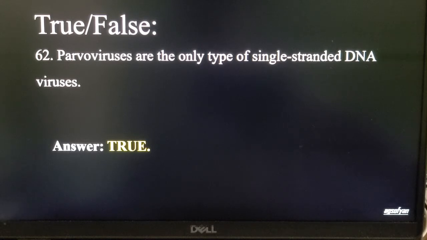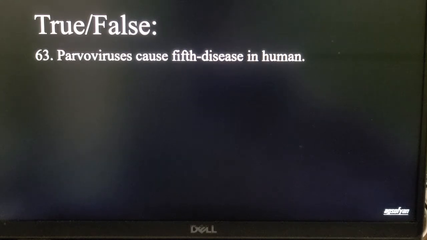Usually DNA is double-stranded, two strands, a double helix. But the parvoviruses actually carry single-stranded DNA. So this is true. Parvovirus is the only type of single-stranded DNA virus. Very unique and very rare.